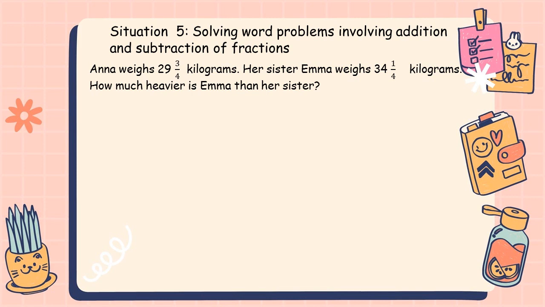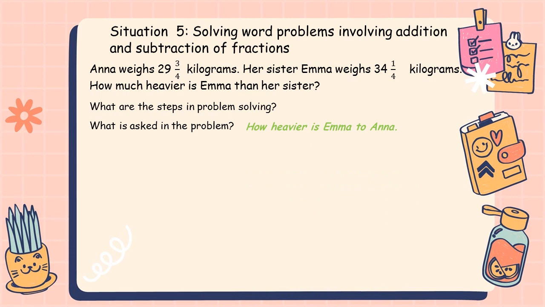So for us to be able to solve this word problem, we have to follow the steps in problem solving. But what are the steps in problem solving? Here they are. You have to understand first. What are the questions about understanding? You have to know what is asked in the problem. This problem is asking how much heavier Emma is than her sister, who is Anna.